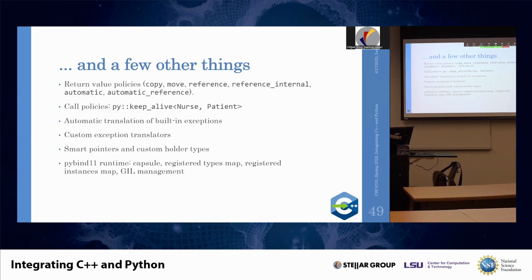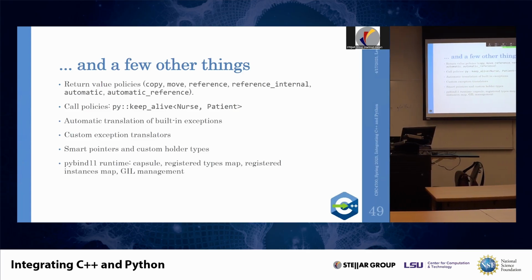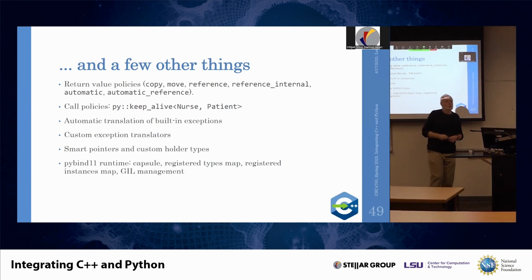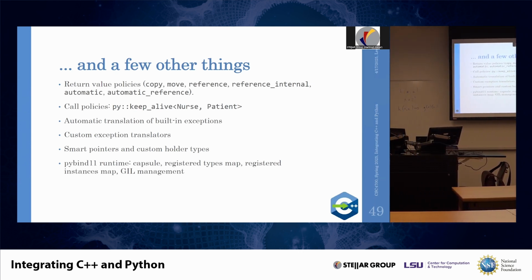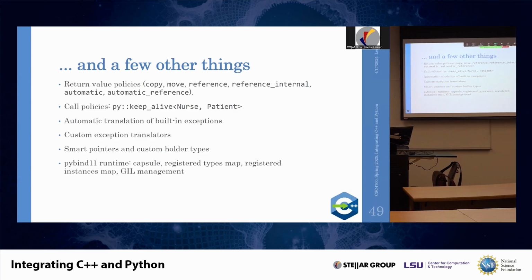One of the critical things is you might know that Python has a so-called global interpreter lock, which is a mutex that is acquired whenever Python code is running, which makes it a pain to integrate threading libraries like HPX with Python, because whenever you call into Python, you have to acquire that lock. And whenever you come out of Python, you have to release that lock so you can do your C++ side of things.